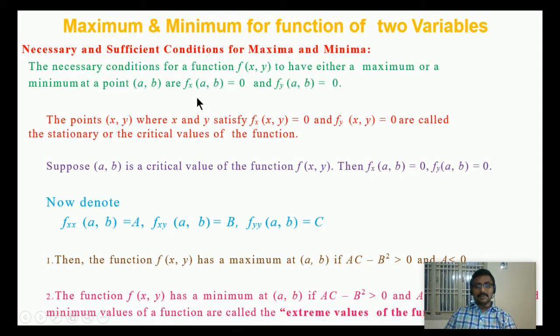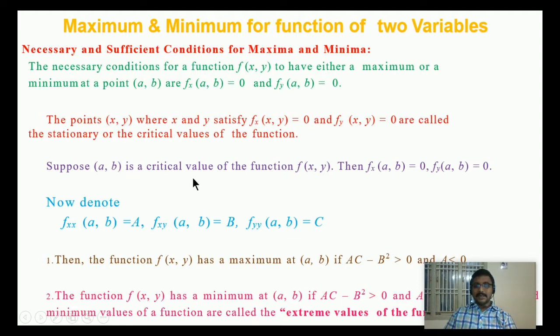This can also be written as ∂f/∂x at the point (a, b) equal to 0. Fy at (a, b) equal to 0 means that ∂f/∂y at the point (a, b) equal to 0. The points (x, y) where x and y satisfy fx at (x, y) equal to 0 and fy at (x, y) equal to 0 are called the stationary points or critical values of the function.